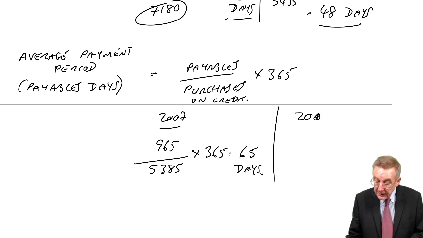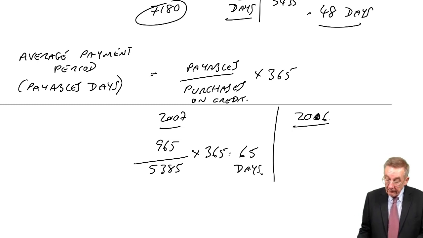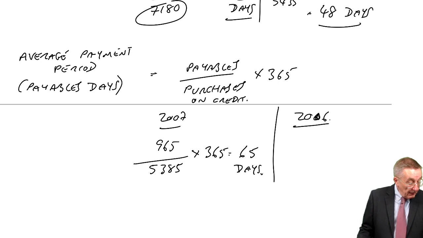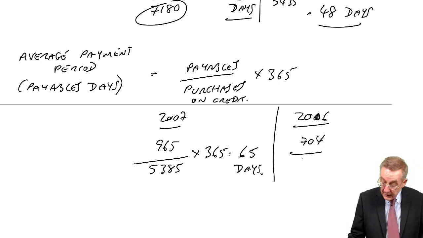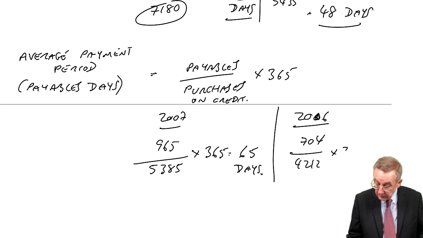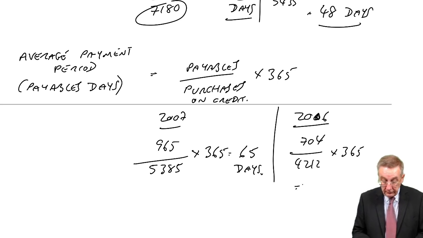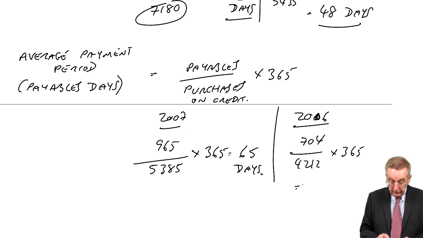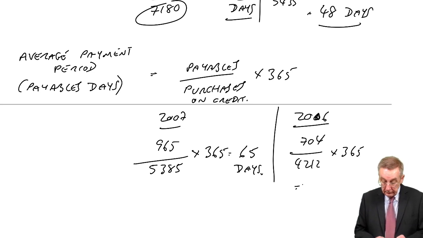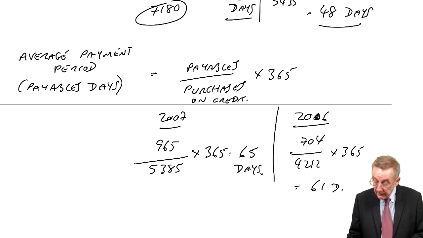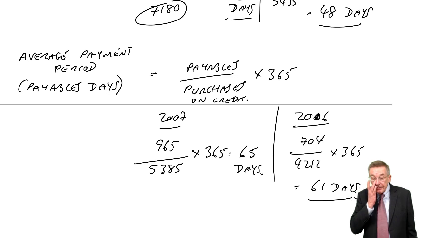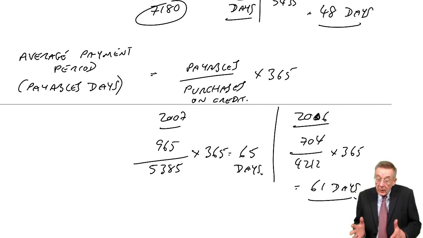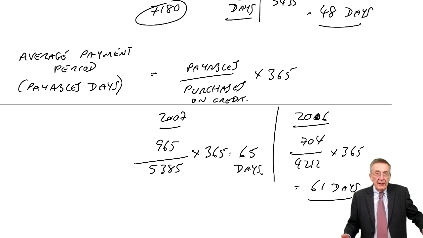Whereas in 2006, liabilities 704, cost of sales 4212, at 61 days. Now a couple of things here. In some ways, the longer this is, the better.